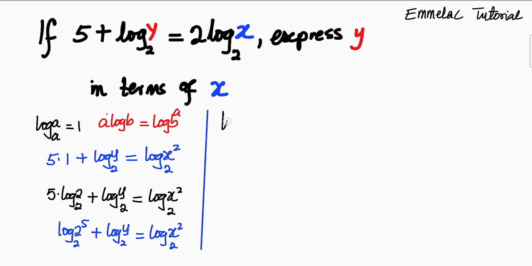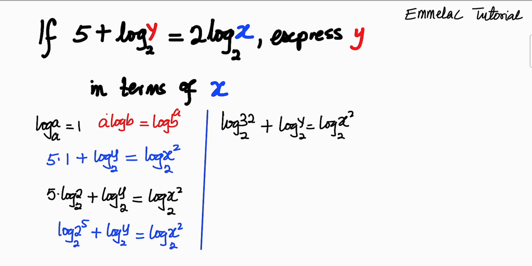So here we have log 32 base 2 plus log y base 2 equals log x raised to 2 base 2. Now take note we are asked to express y, which means all we need to do is make y the subject of the relation.